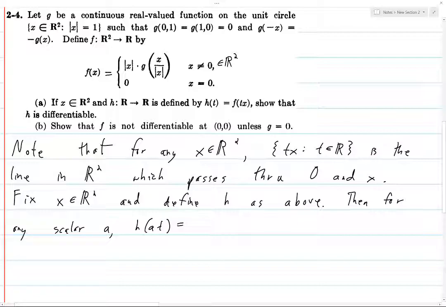So h(at) is going to be f of atx, and so let's see here. We don't really need to be careful about the case when atx equals 0, because that only happens when t equals 0.